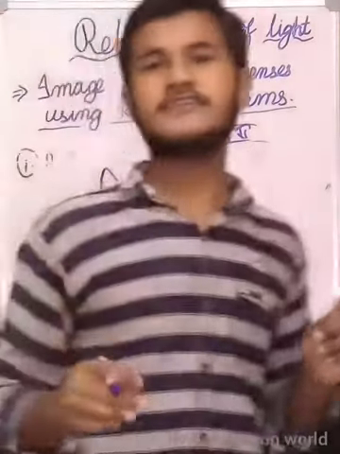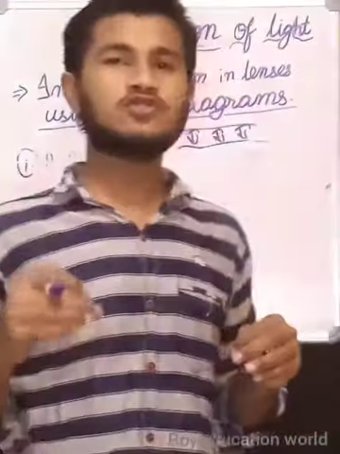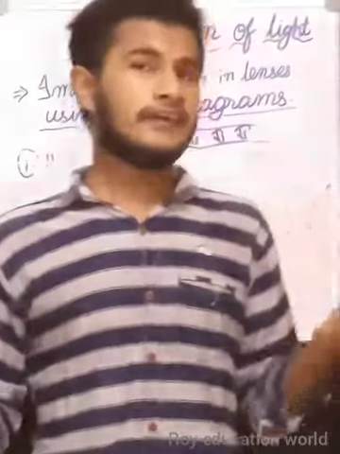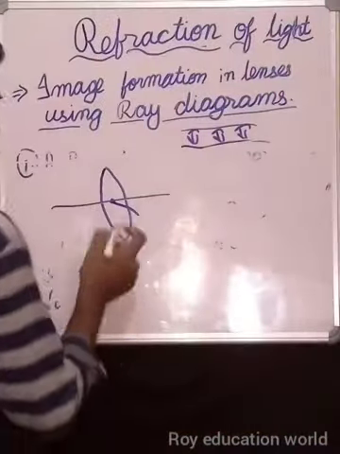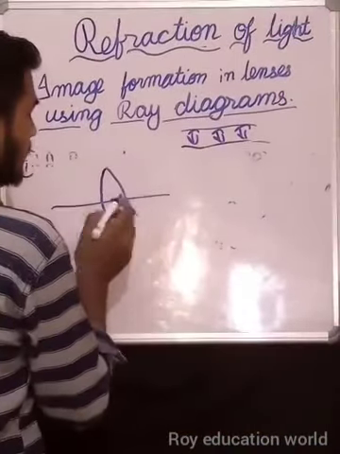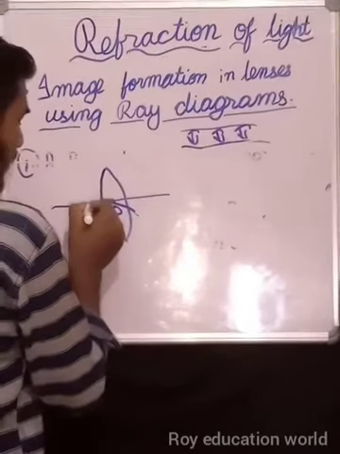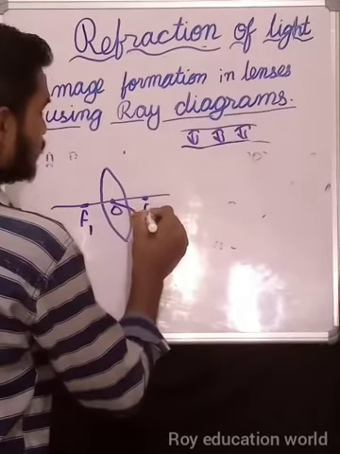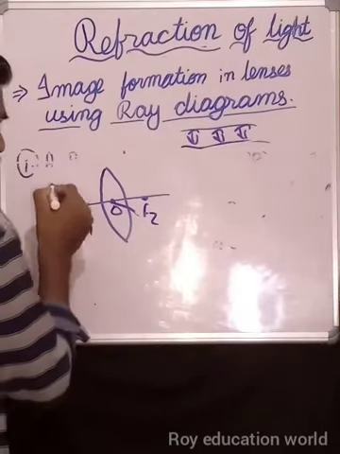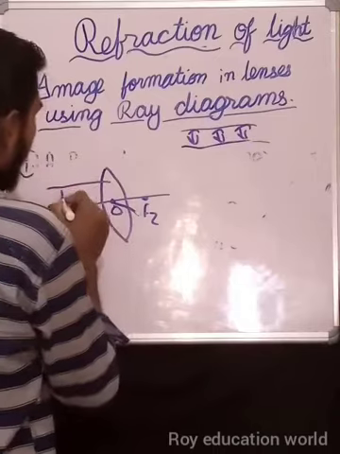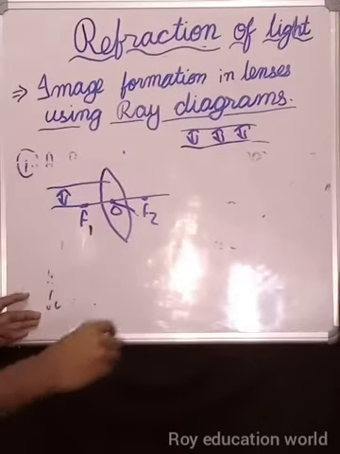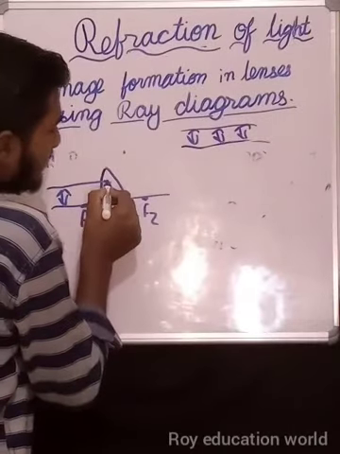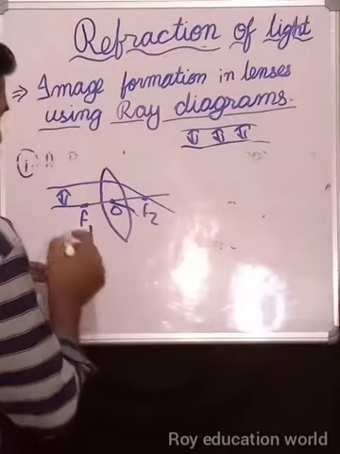The optical center is the center where a ray of light passing through the center of the lens does not deviate. This is focus F1 and this is F2. When a ray of light comes parallel to the principal axis, after refraction it passes through the principal focus.